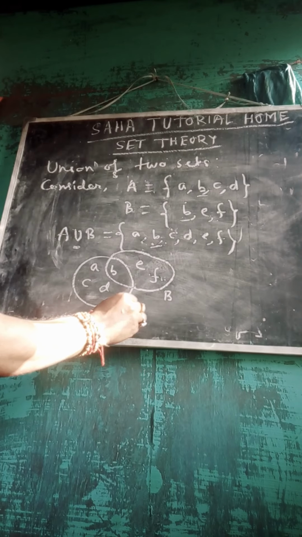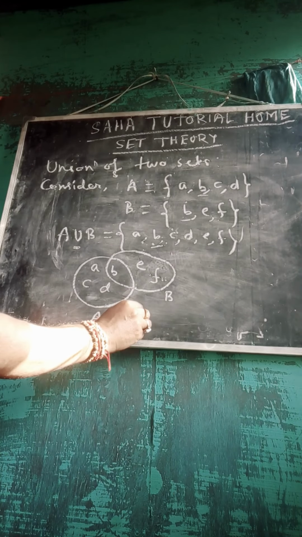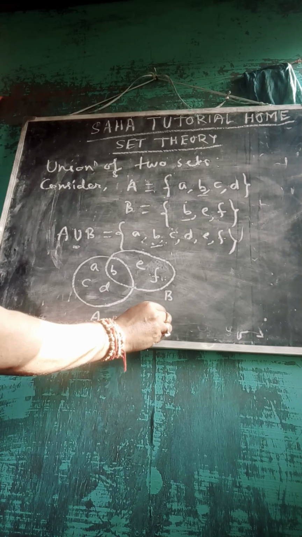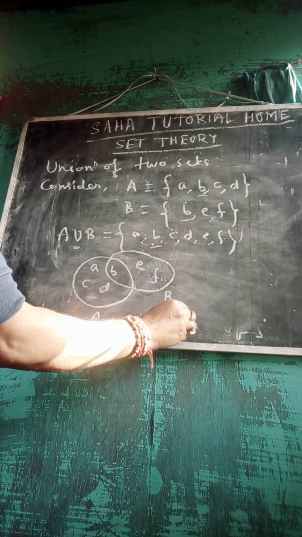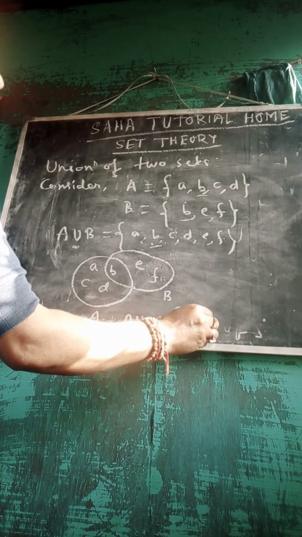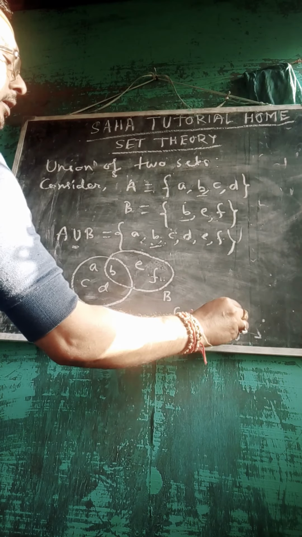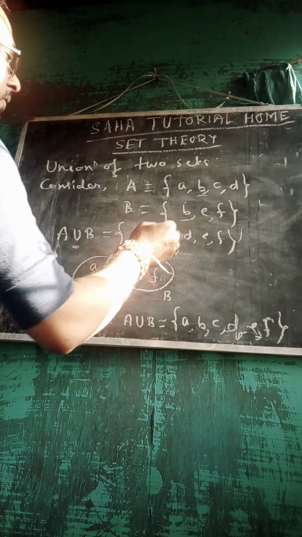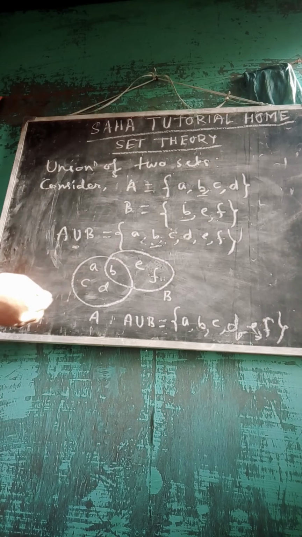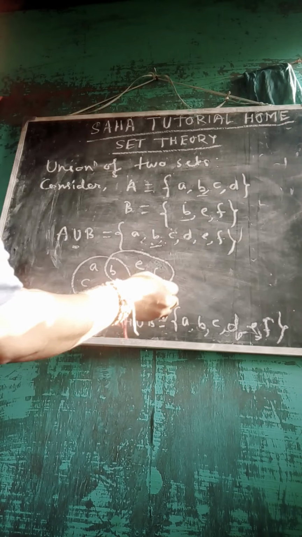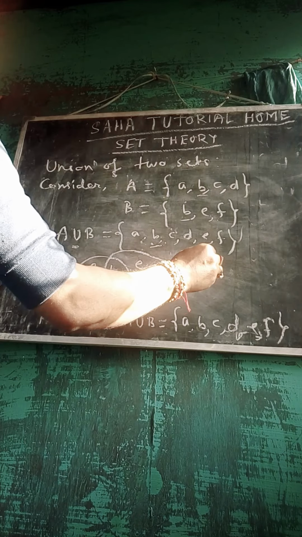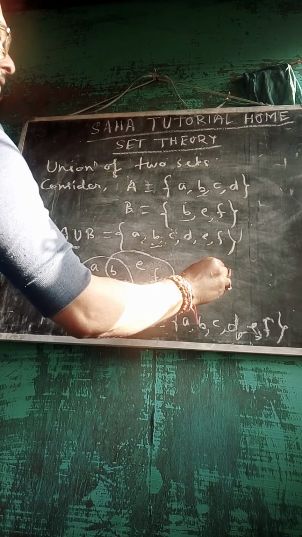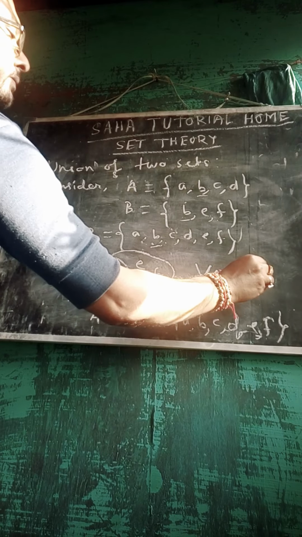So what will be A union B? A union B will be all the elements A, B, C, D, E, F. So in this way we define the union of two sets. We represent this in a Venn diagram.